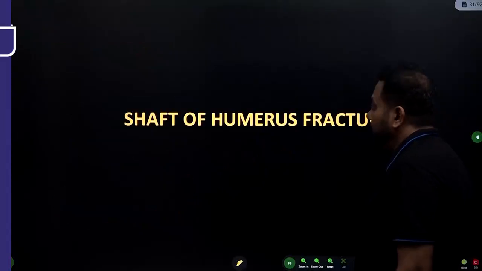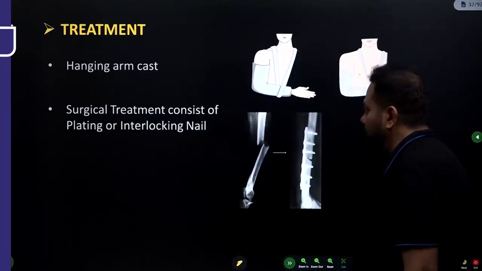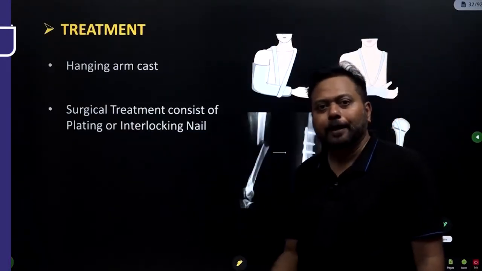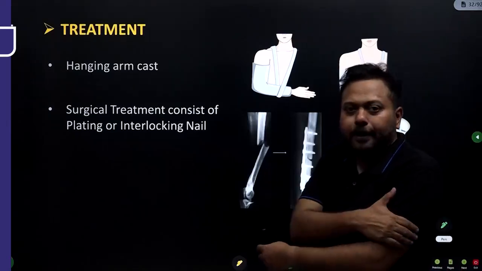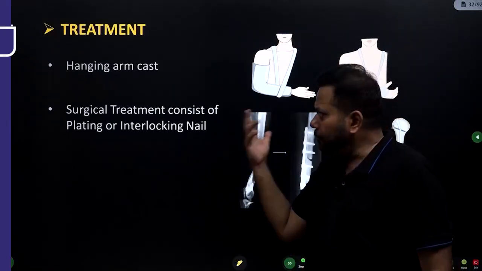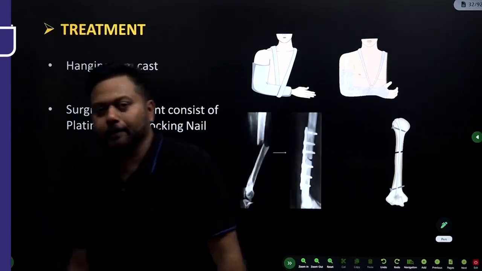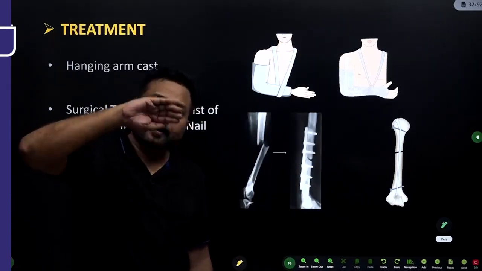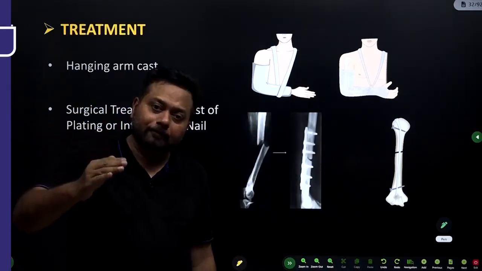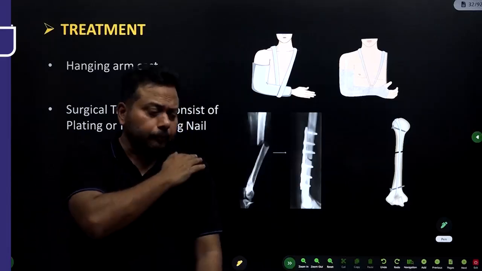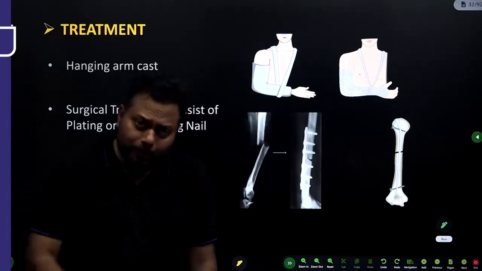Okay, yes. Now coming to shaft of humerus fracture, I said that the mechanism is a direct hit. Coming to management, if it is conservative management, the best cast that is given, if you want to apply plaster of Paris for proximal humerus, that's called a U-slab.